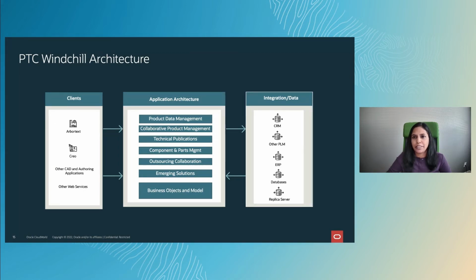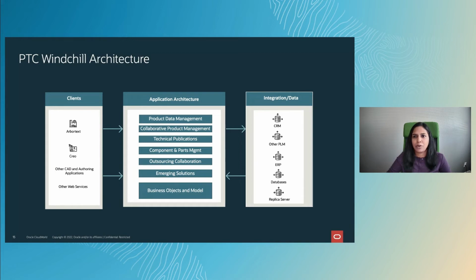The integration and data layer makes it very easy for PTC Windchill to integrate with other ERP and CRM software. The metadata for the application is stored in a relational database, and in this case, it's an Oracle database. The application's servers ensure that the data and files are available to different servers across various regions.